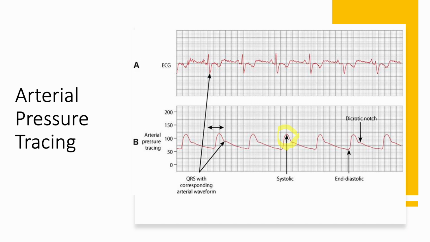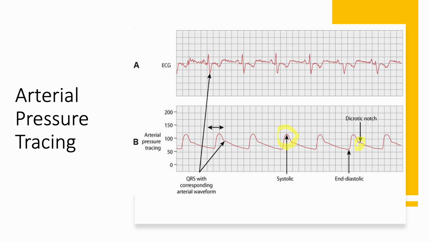You'll also notice a downward deflection that follows the systolic peak, and this is called the dicrotic notch. This marks the closure of the aortic valve and indicates the transition between systole and diastole.